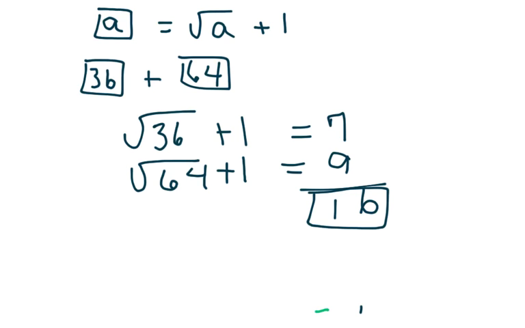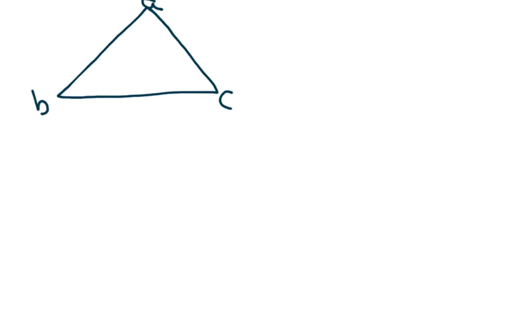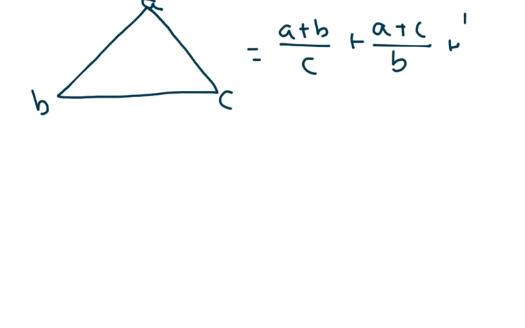Alright. Now let's try this one. I'm going to let this be a big triangle. I'm going to call this A, B, C, and we'll say this equals A plus B over C plus A plus C over B plus B plus C over A. It looks different. And so that's the definition, that's the operation.